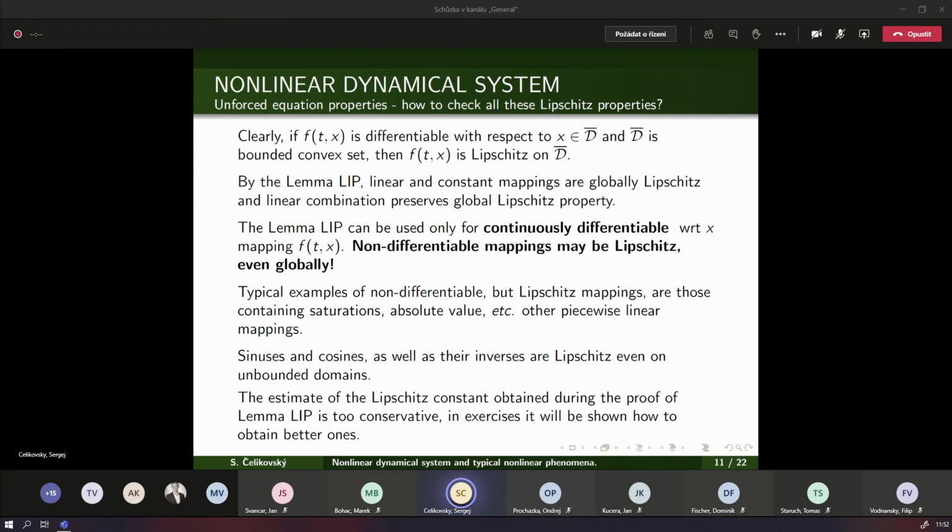In some examples or even in tests, you may meet this question: is this right-hand side Lipschitz or not? Other examples of very well Lipschitz functions are sines and cosines, even on unbounded domains.